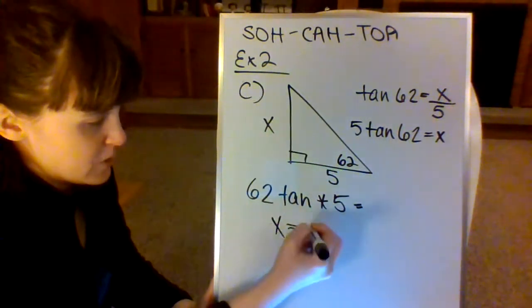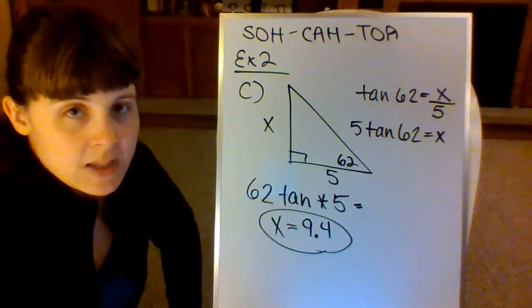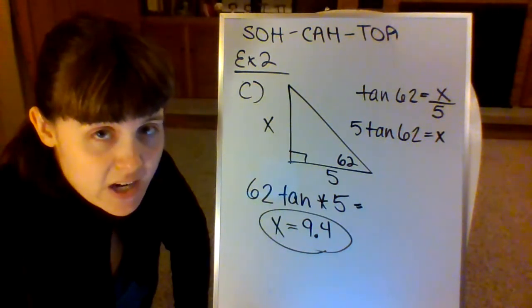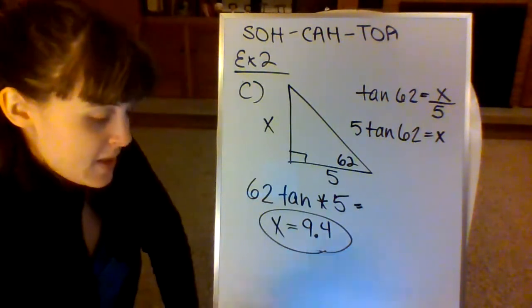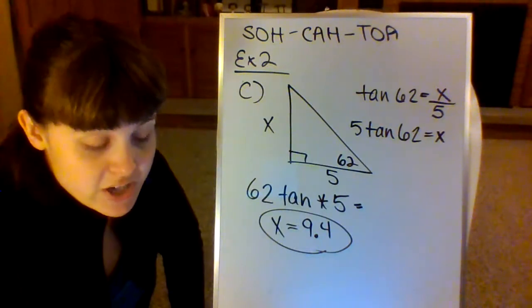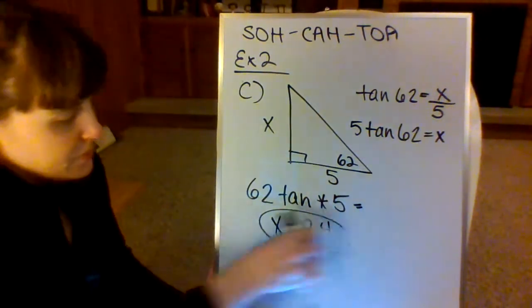So x equals 9.4. Alright, so that is example 2. That's how you find missing sides using trig ratios. Now example 3, we're going to find some missing angles using trig ratios. So it's got one more step to it.